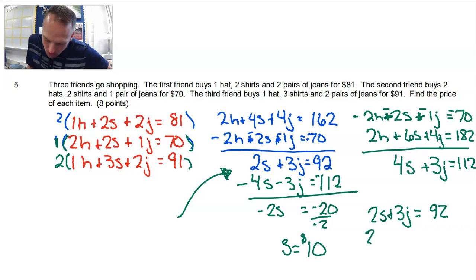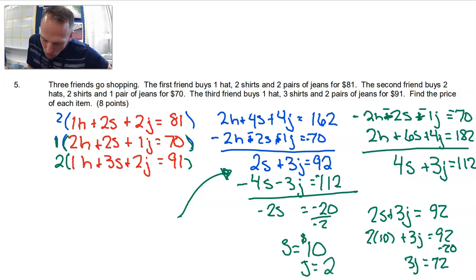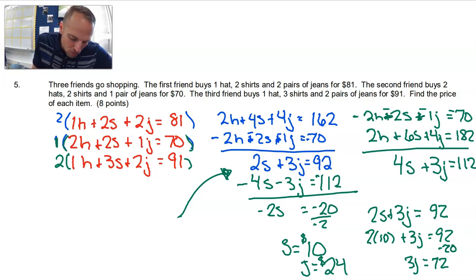So this is going to be 2 times 10 plus 3j equals 92. 2 times 10 is 20. So subtract 20 over, and I'm going to have 3j equals 72. Divide by 3, j equals 24. So I've got two of them. Now let's come back over here all the way back to the original equations that we wrote.